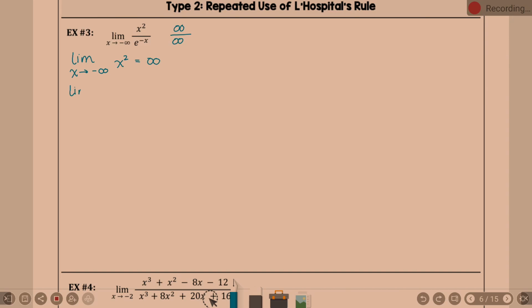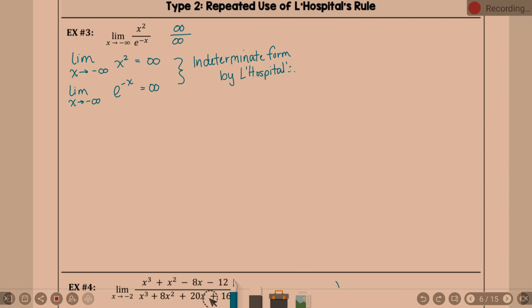The limit as x approaches negative infinity of e to the negative x is equal to infinity. And so what is that? That is an indeterminate form, right? Indeterminate form by L'Hopital's.